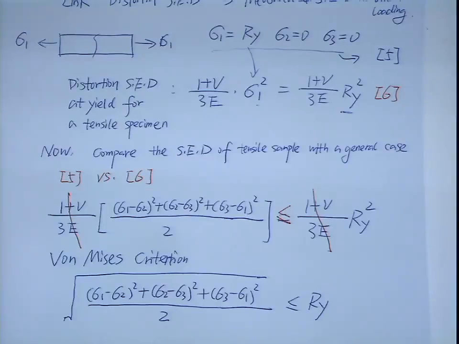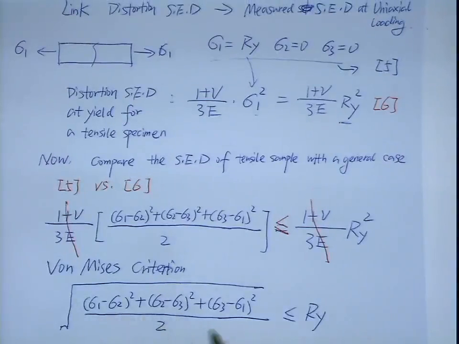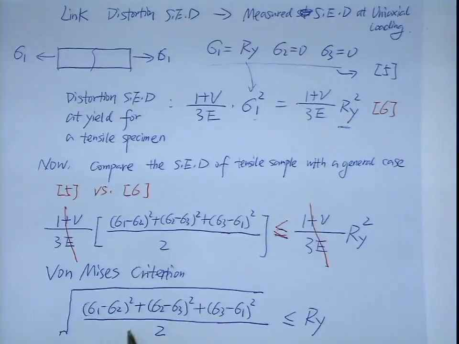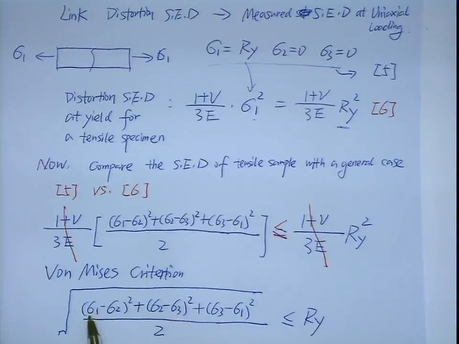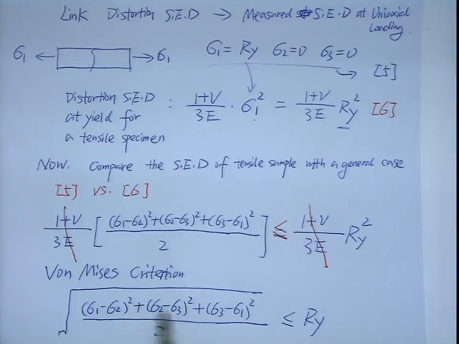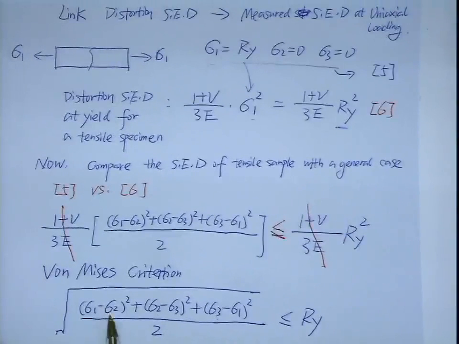But if you look at how to write this or remember this, it's not that difficult. It's all symmetric. If you have a sigma 1, 2, there must be another 1, 2, 3. They are not repeated. Sigma 3 minus sigma 1. So each of the stress term appear twice.